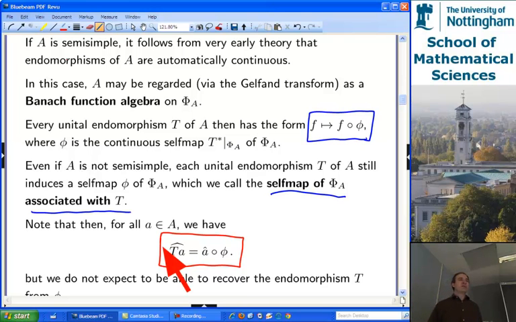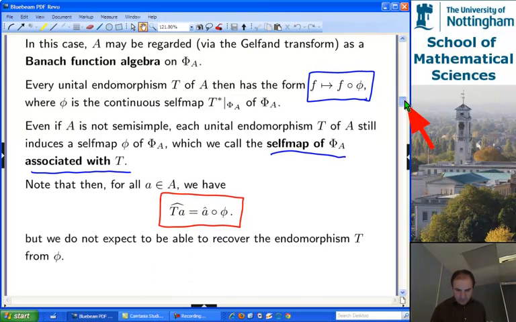So it's still like a composition operator using the Gelfand transform, but of course the character space might be rather small and the Gelfand transform might be rather trivial, and so you might not expect to get much information back about the endomorphism from the self-map here. In particular, you're not going to expect to get the endomorphism T back by knowing what the self-map is. And yet, it still does have applications, as we're going to see, when we're trying to look at which endomorphisms have which properties.